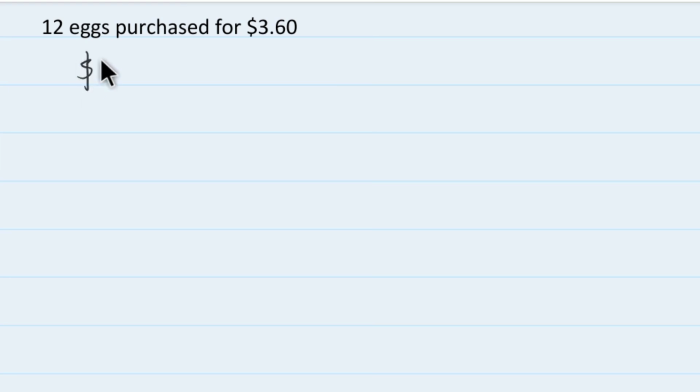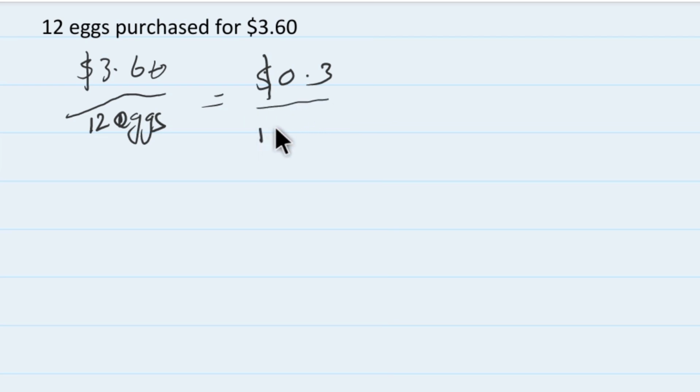Since 3.60 is the price for 12 eggs, if we divide it, 3.60 divided by 12, it's 0.3, that is $0.3 per egg. So the price of one egg is $0.3. Again we have determined the price of a unit item, so it is a rate.